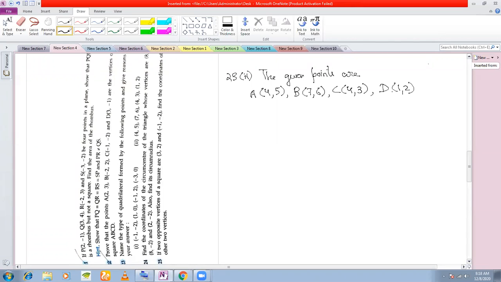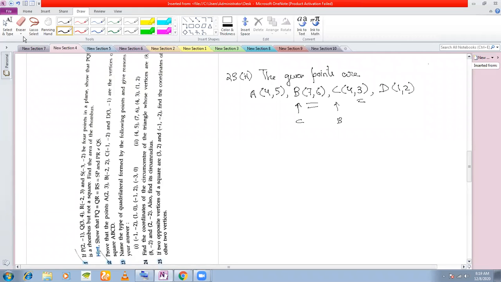The first one has the first coordinate, the second one has the second coordinate, that is A, B, C, and D. Don't take this as C and this as B, because this coordinate is first and then this.